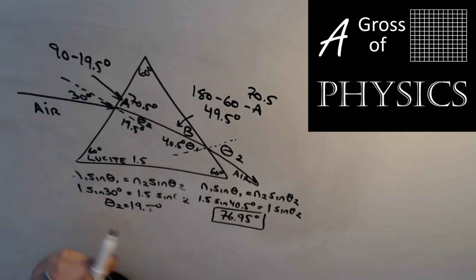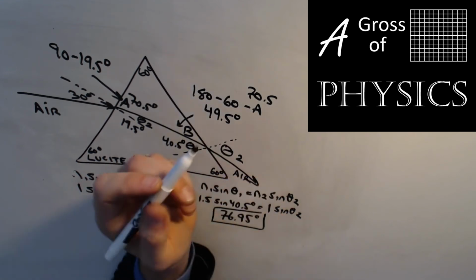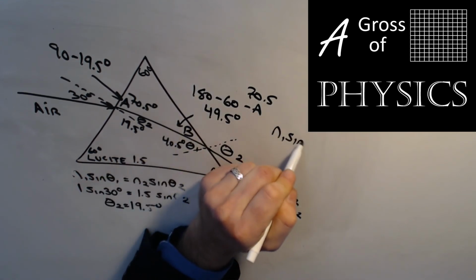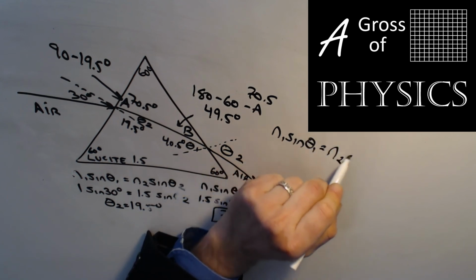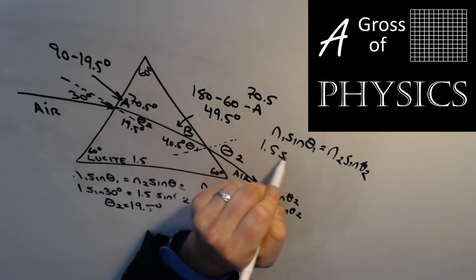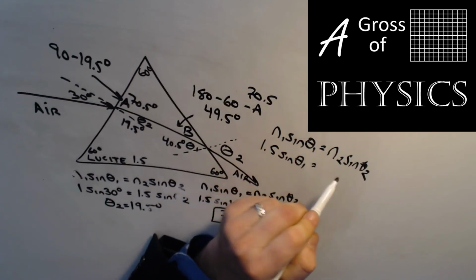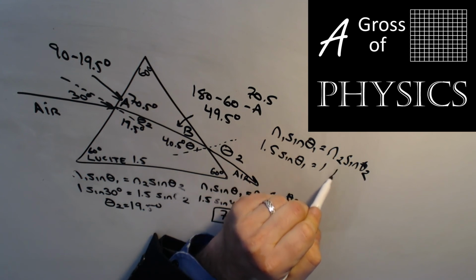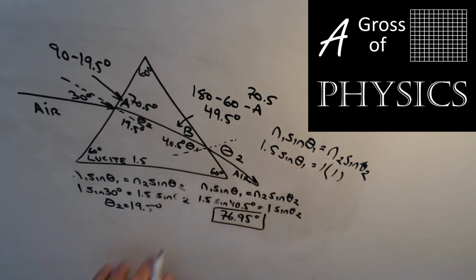Now, what is the critical angle for Lucite? Let's figure it out. n1 sine theta 1 equals n2 sine theta 2. We know Lucite's 1.5. We want to find the critical angle. n2 is 1. Sine of 90 is 1. So 1 divided by 1.5, second sine, second answer, and we get 41.8 degrees.